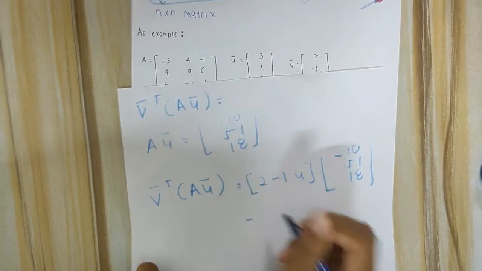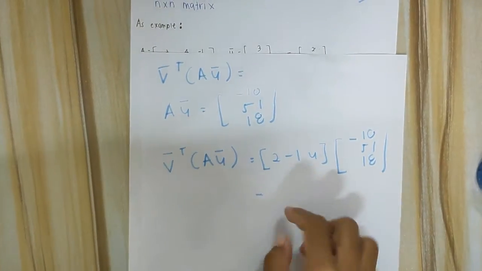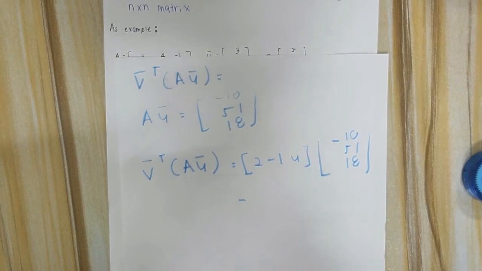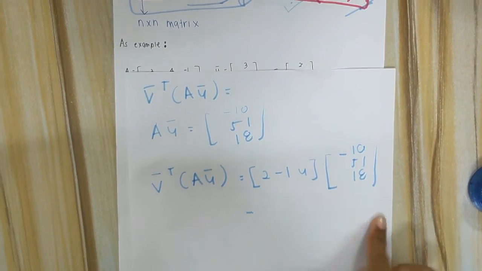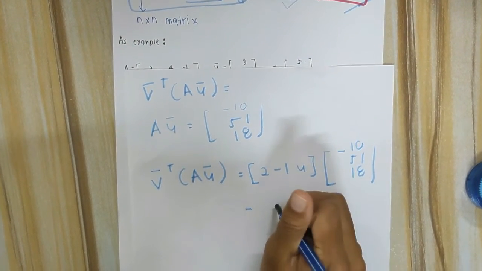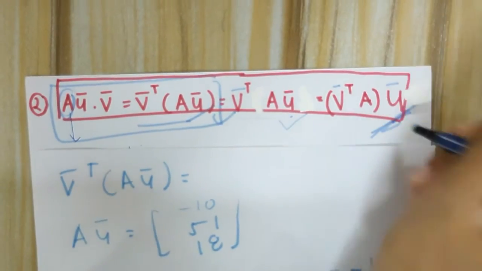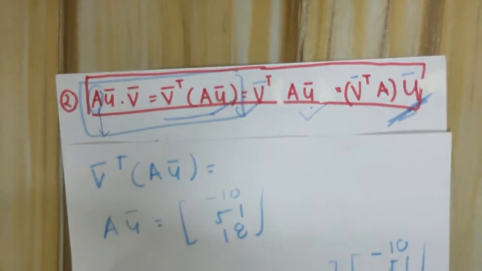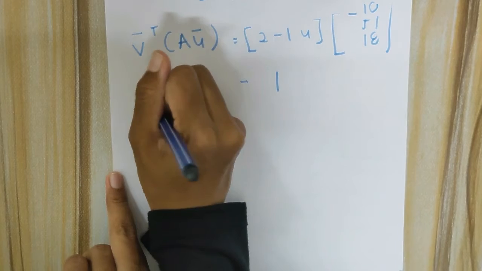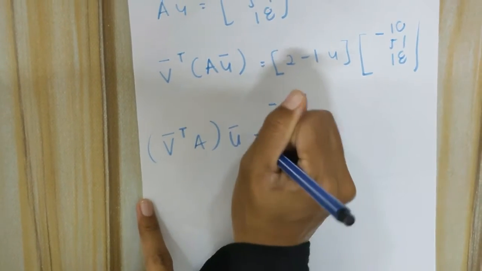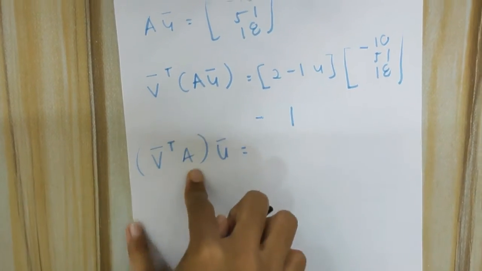The multiplication must match the condition to proceed with the multiplication product. So the final answer is 1. Then I will do this one, V bar transpose A U bar. So we need to find V bar transpose A first.